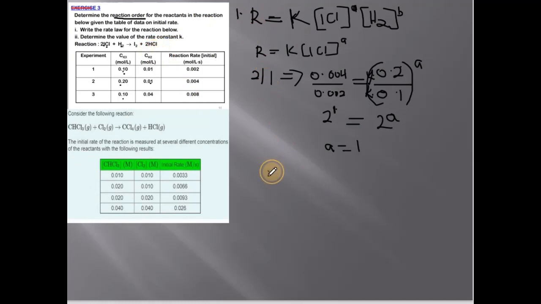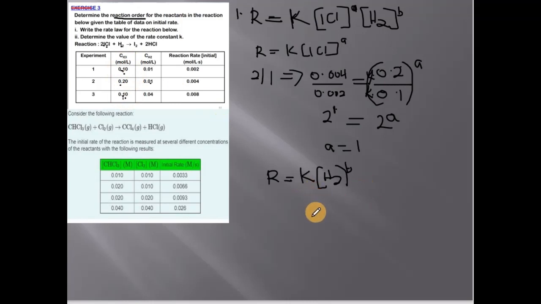So the hydrogen gas rate can be expressed as K into bracket hydrogen gas to power B, where B is the exponent, or the reaction order, for the hydrogen. For the B, since we have a constant value of the iodine chloride for experiment 1 and 3, we are going to use experiment 1 and 3 for this calculation.